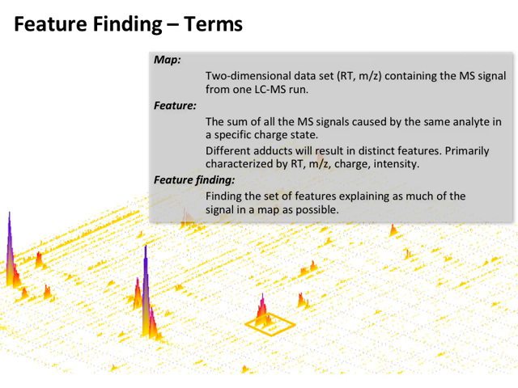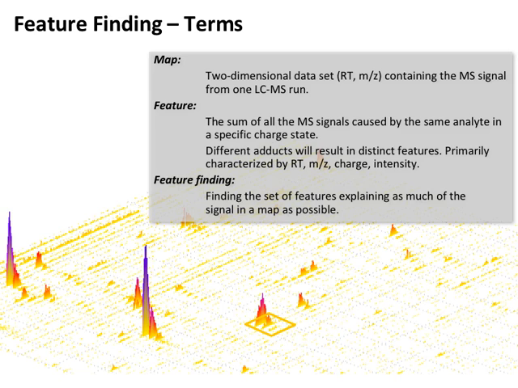On the whole, however, we would still do the same overall setup. We have the same terms that at least we would like to use. We have a map that is a 2D data set of an LCMS run. We have a feature that's the sum of all signals that is now caused by one particular analyte in one specific charge state. And that's a bit different to proteomics: in one specific adduct state.